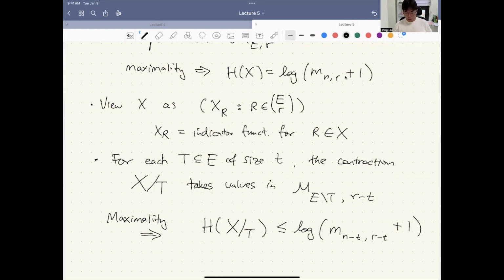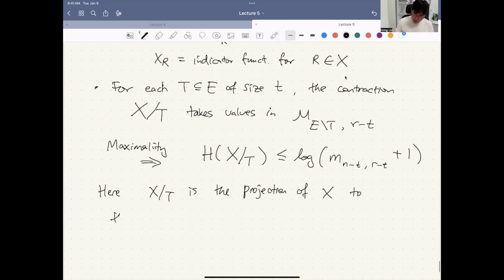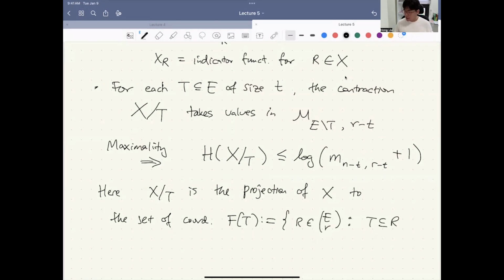But what is X with T contracted? Here, X_T is the projection of X to the set of coordinates F_T, I define it, which is all those R-subsets which contain T. If you contract it, all we care about is that we throw away all those R-sets not containing this T. We only care about the link of T. So you just need to consider supersets of T, which is F_T here.